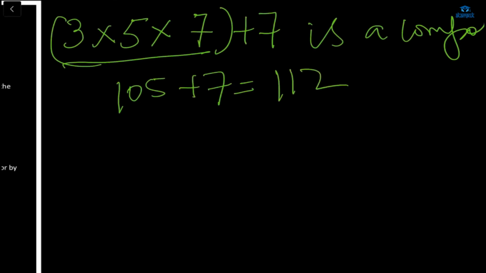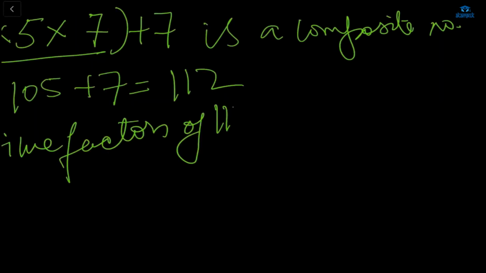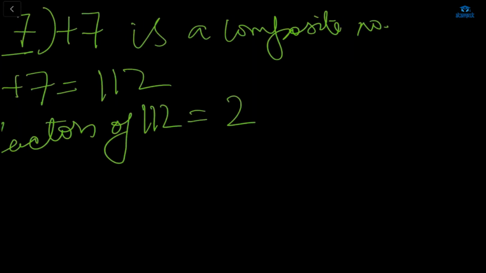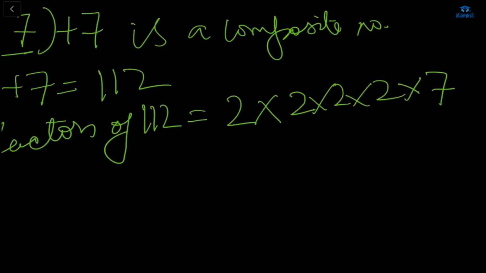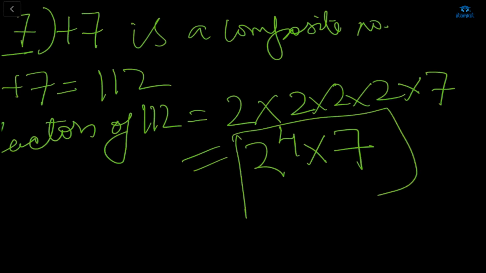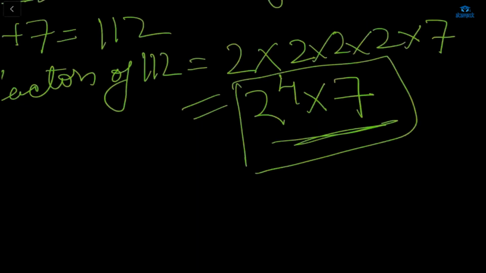Now, if we find the prime factors of 112, it will be equal to 2 into 2 into 2 into 2 into 7. That is 2 to the power 4 into 7. So you can see here the prime factorization of 112 is 2 to the power 4 into 7. So it is a product of the prime factors 2 and 7. That is, it has factors other than 1 and itself.